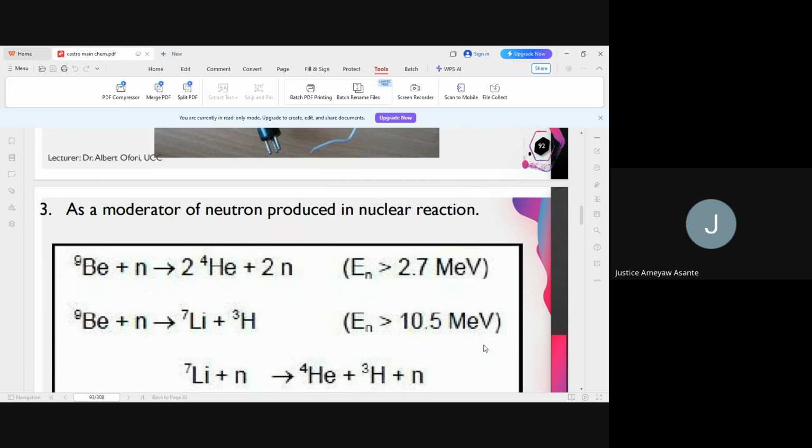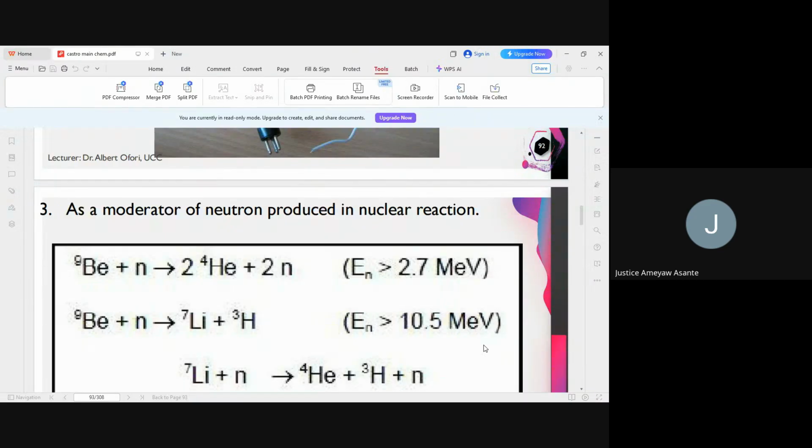It is used as a moderator of the neutrons produced in a nuclear reaction. A nuclear reaction goes on because of bombardment of an atom with neutrons.